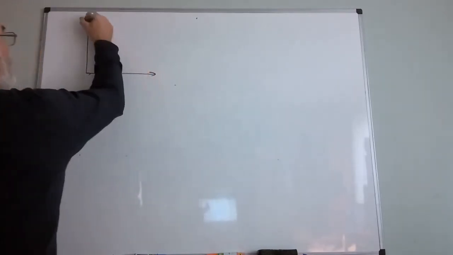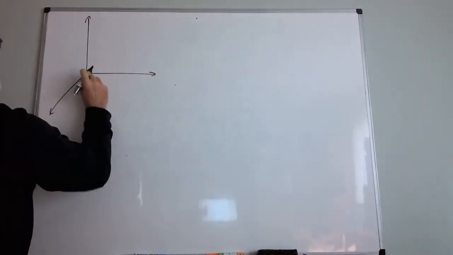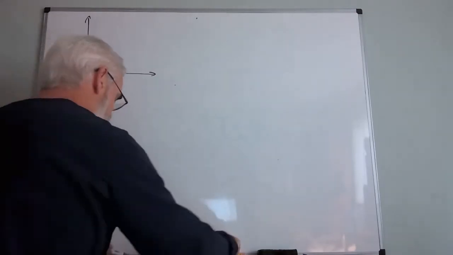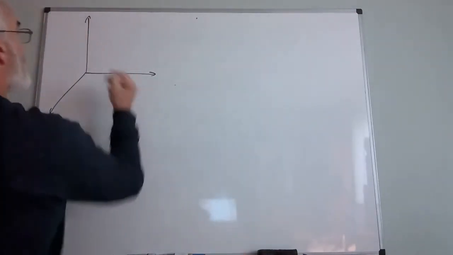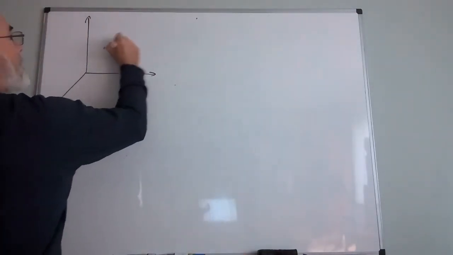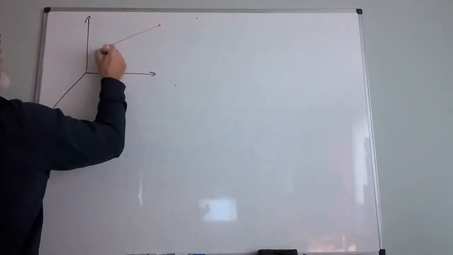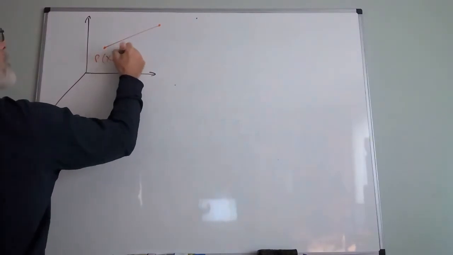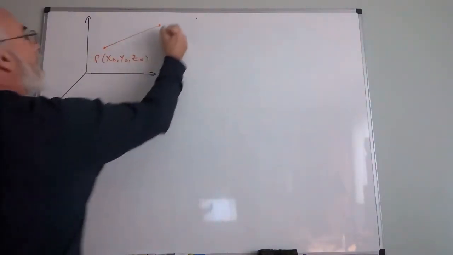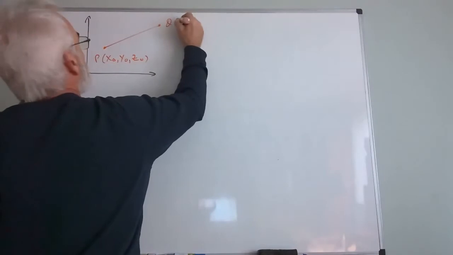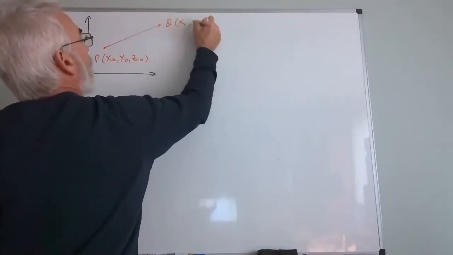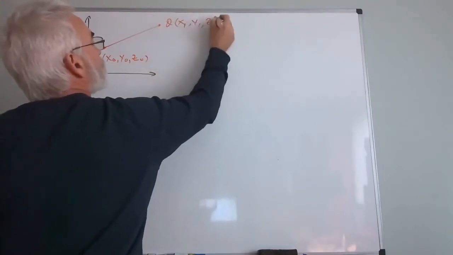All right, so if I said now in 3D, and again, I start with 2 points in space. Let's call this point P, x naught, y naught, z naught, and call that one Q, x1, y1, z1.